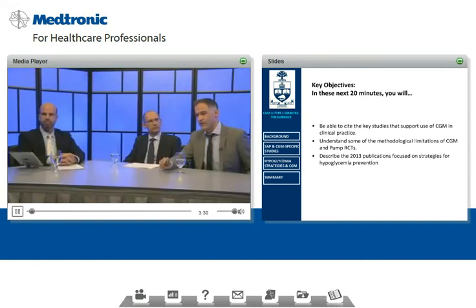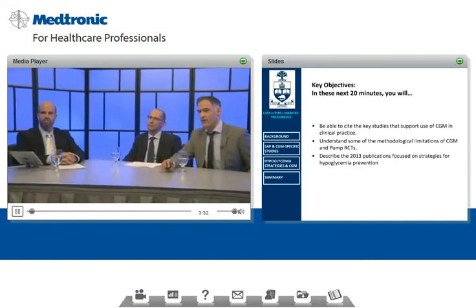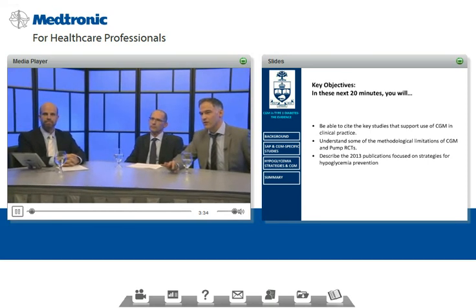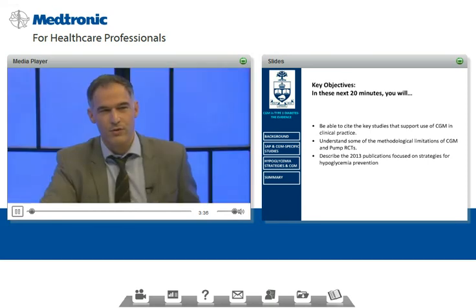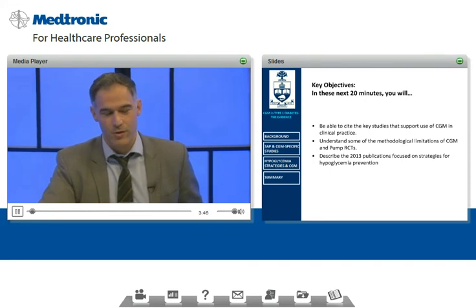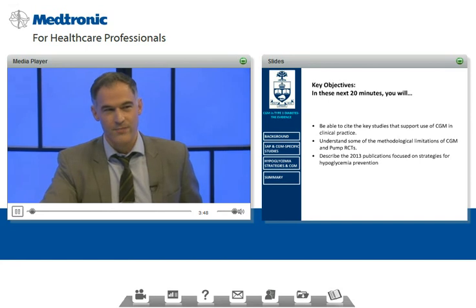The way I'll do that, if you look on the left bar, I have a little bit of background. I'm going to go through the sensor-augmented pump and continuous glucose monitoring specific studies, then the hypoglycemic strategies using continuous glucose monitoring, and then I'll summarize. So this will be a pretty rapid segment, I hope, not to slow anything down.